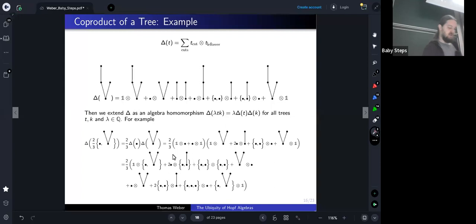To give you an example that I'm probably not able to calculate through because of time reasons, if we take the coproduct of this one, you just pull out the number, take the coproduct on this one, the coproduct on this one, and then multiply the tensor factors. This is how you calculate more complicated elements of the forest.